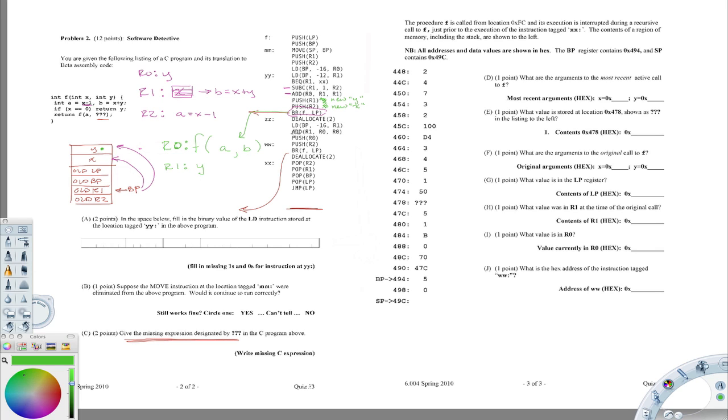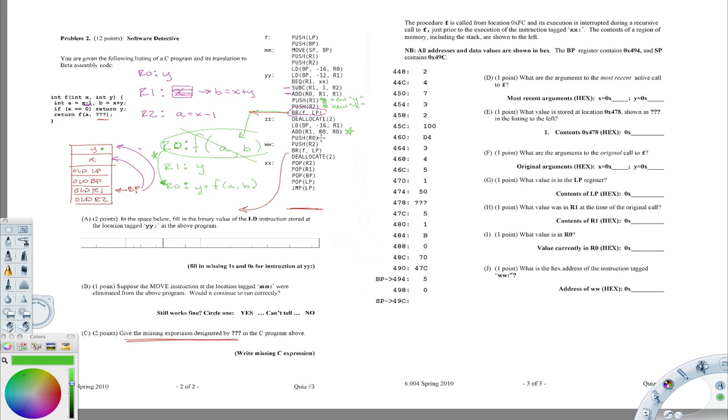And then we're going to add the thing in R0 plus y and put that in R0. So now this gets clobbered because we're replacing it here. So then this is y plus f of a, b.